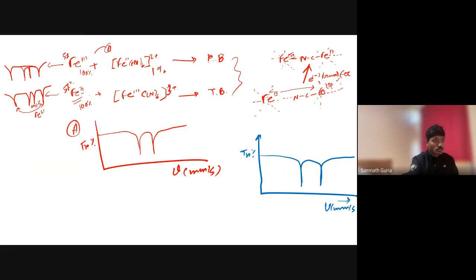Because of outer coordination, electron transfer happens from the iron 2 to iron 3, and the iron 3 becomes iron 2; iron 3 will prefer to stay at the outer state of that coordination sphere.